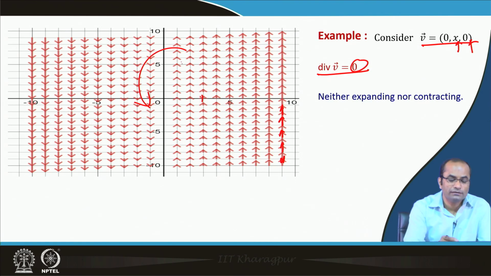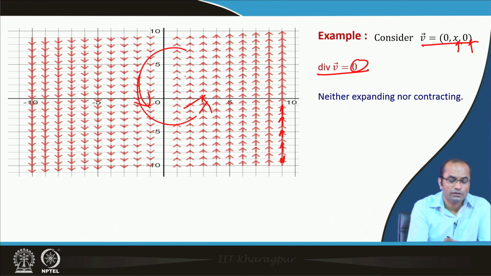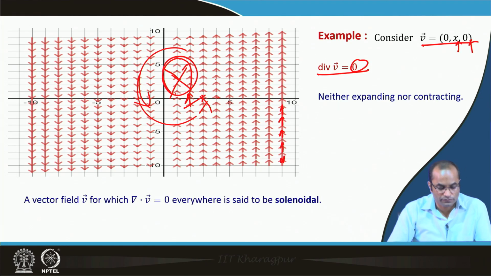So there is a clear tendency of rotation. If you place some object in this fluid, because the magnitude on this side is more than this side, there will be a rotation of this object. That is what we will see next.